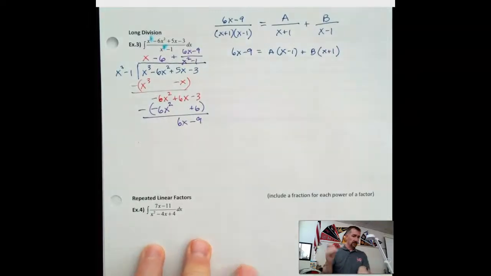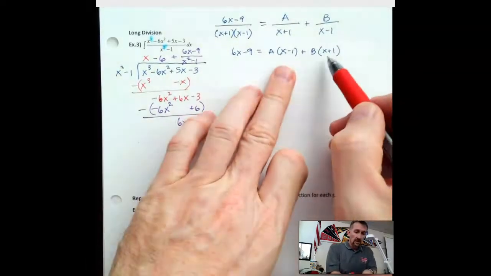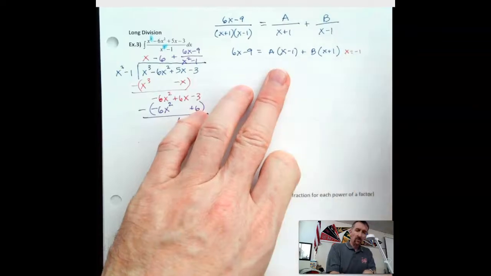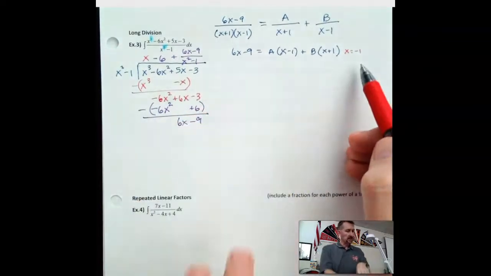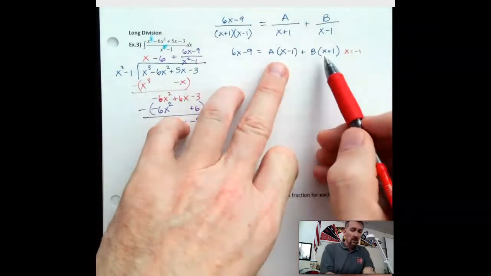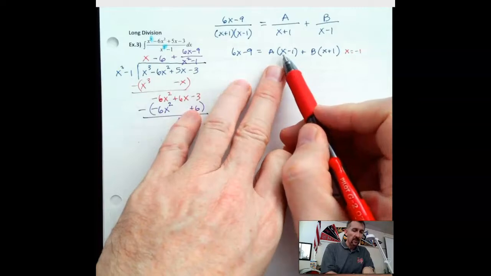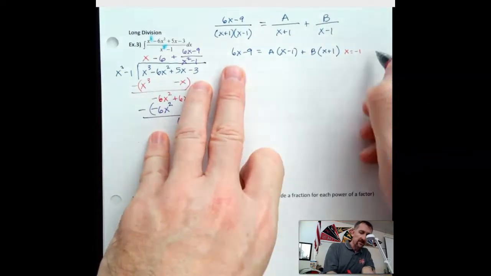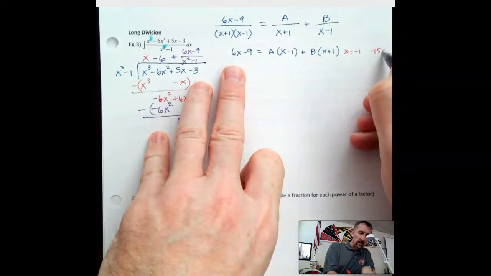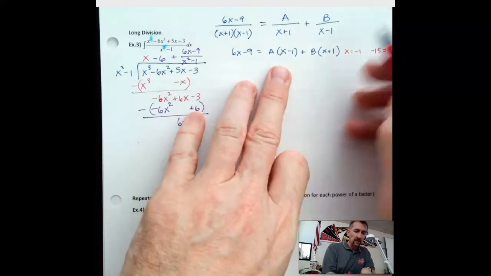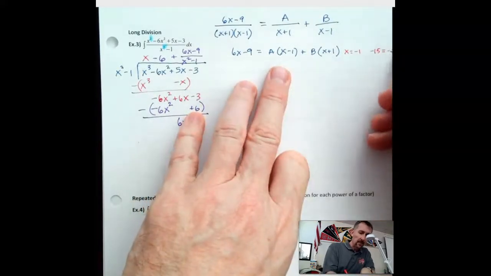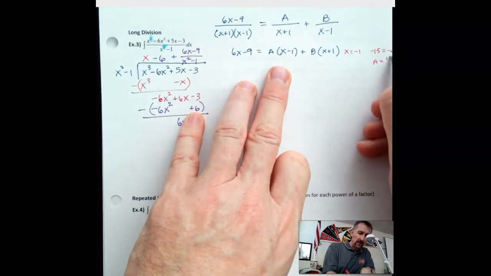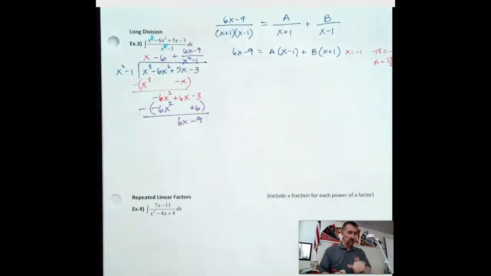Okay, so let's get rid of b first. So if we let x equal negative 1, that'll be gone. If we let x equal negative 1 here, well, let's go over here first. So that'll be negative 15. And if we let x equal negative 1 here, that's going to be negative 2a. So if we divide both sides by negative 2, we're going to get 15 over 2.